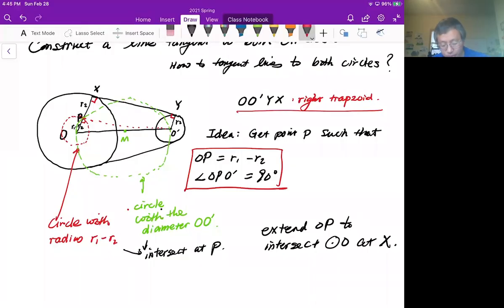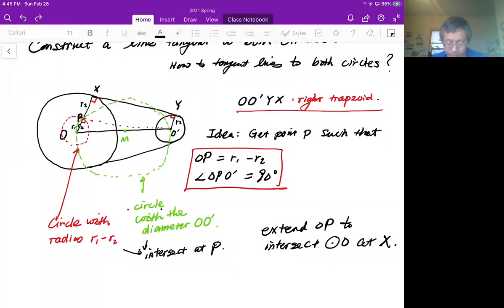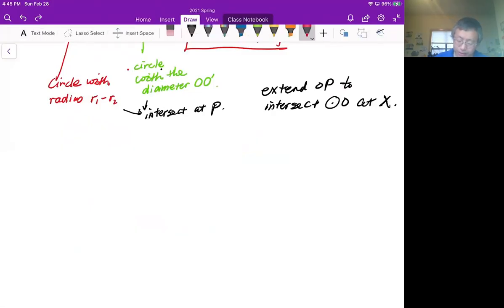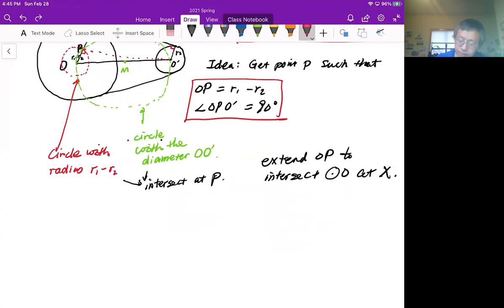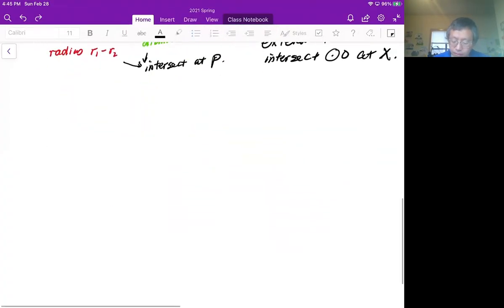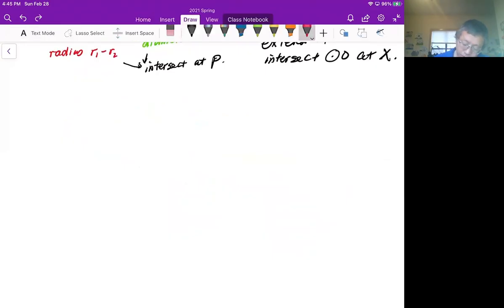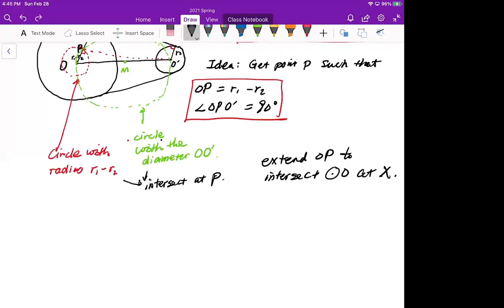What's the other solution? Let me give you the idea. Here's another way you can do it. It's a little bit tedious, but it's quite similar. I'm going to draw again, let's see.